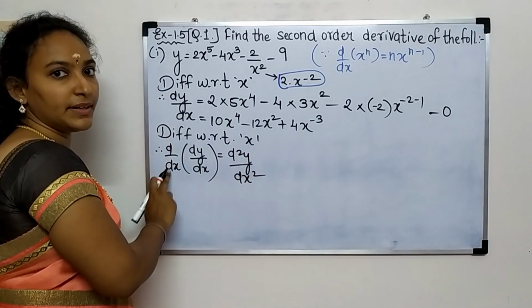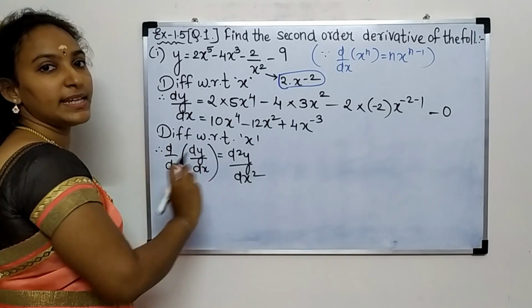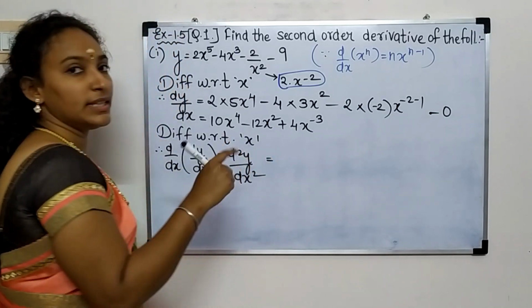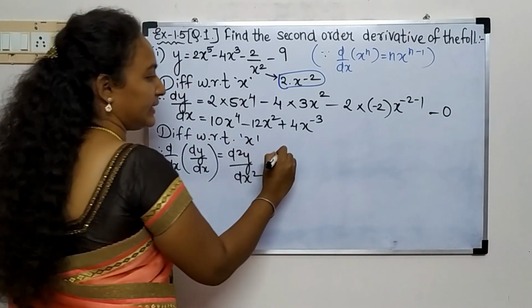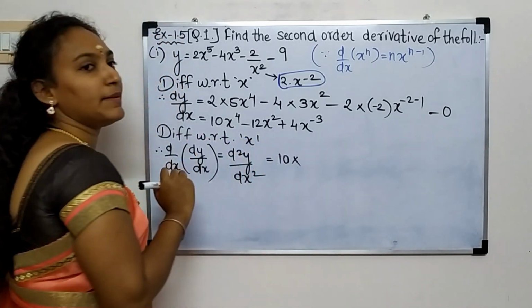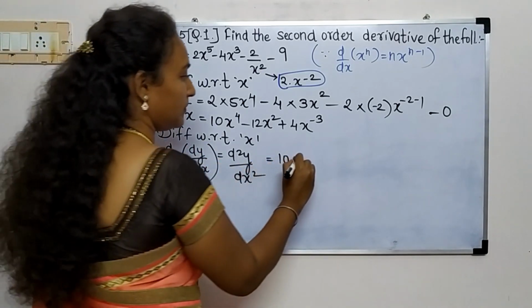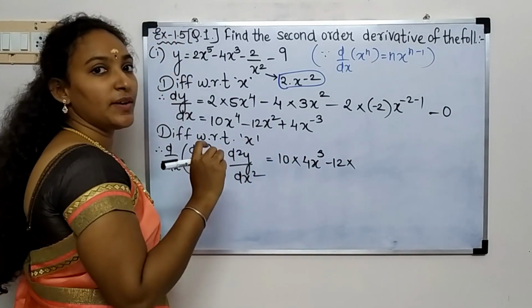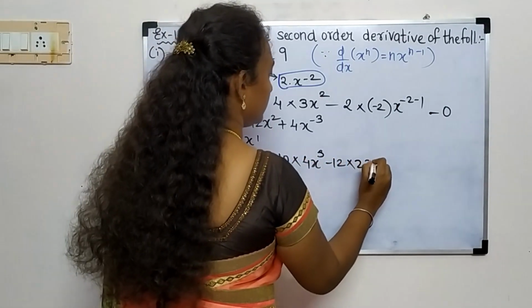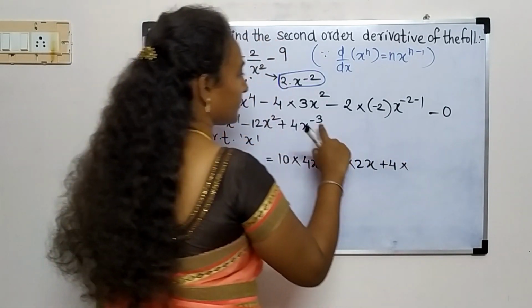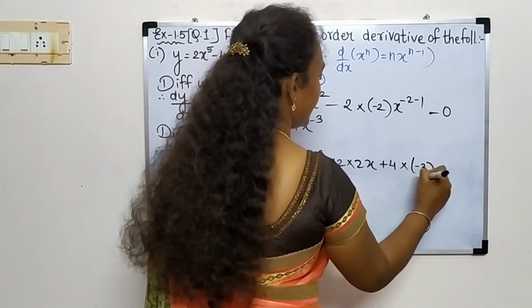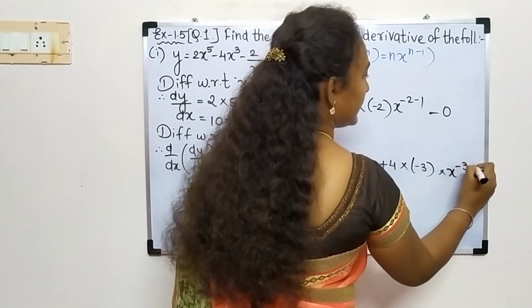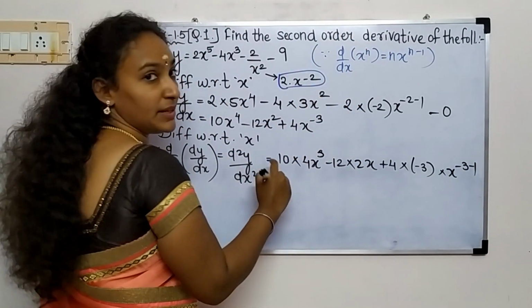When we take the derivative of dy by dx, it becomes d square y upon dx square. Follow similar steps. Write 10 first. The derivative of x power 4 is 4x cube, minus 12, the derivative of x square is 2x, plus 4, and this will be minus 3 into x raised to minus 3 minus 1.